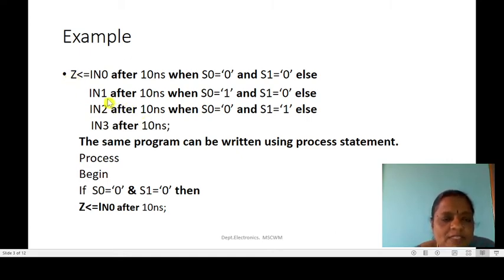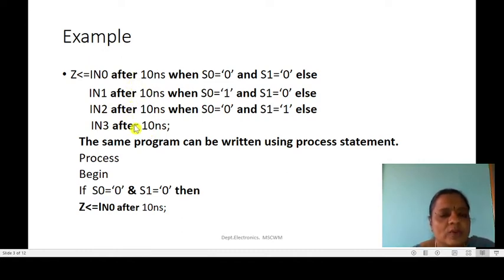But what happens here? Suppose the second condition is true. That means when S0 is equal to 1 and S1 is equal to 0, if this condition is true, then IN1 is assigned to the target signal, that too after 10 nanoseconds. Okay. And the next one is the same program.